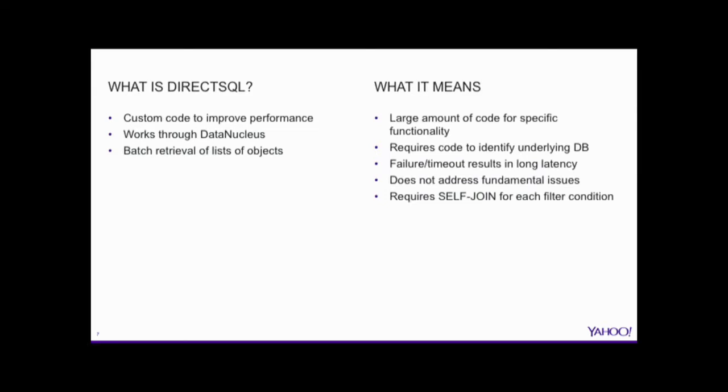In the case of any sort of failure or any timeout by this timer, the DirectSQL execution is going to fall back to the ORM level execution, which we've already talked about is suboptimal and inevitably is going to take a lot longer than the execution would have taken under DirectSQL. And this leads to further latencies.